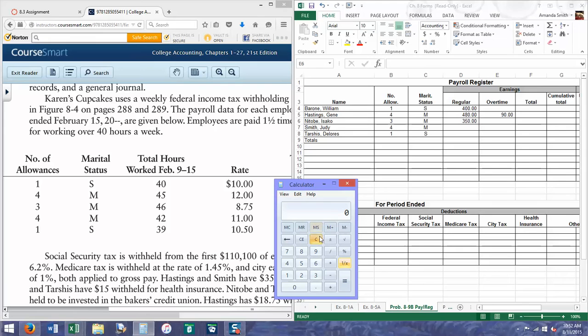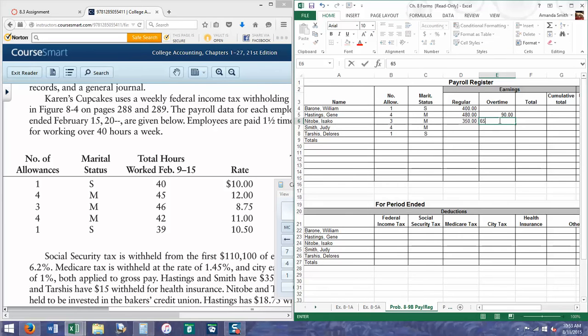Then we're going to take our $8.75 times 1.5, gives us $13.125. So we're going to round that up to $13.13 for overtime. So $13.13 times 6 hours overtime gives us $65.65.